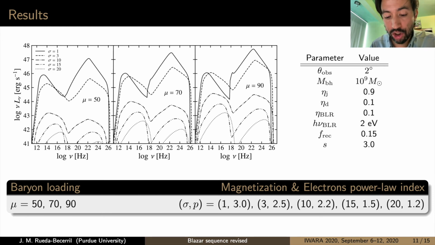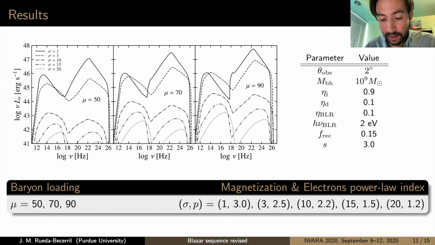In this plot, we show the spectral energy distributions for the already mentioned baryon loading and different magnetizations.